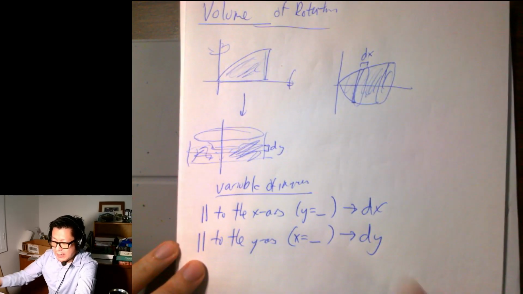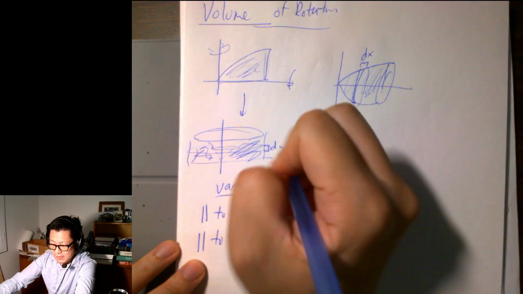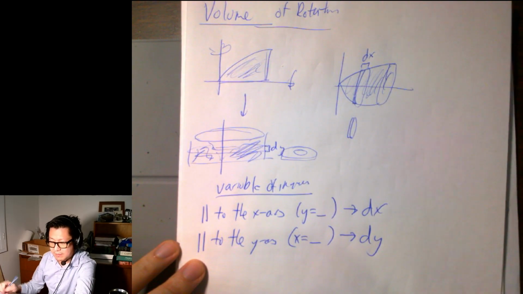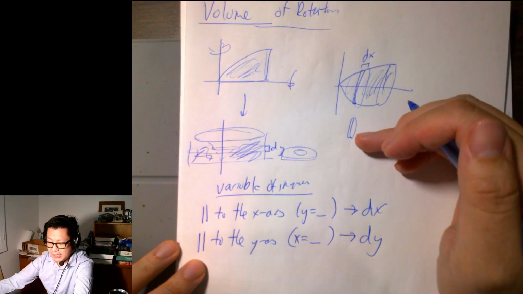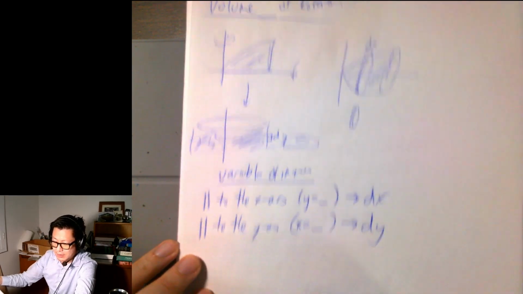Now notice that the slices here are solid disks, and the slices here are disks with holes in them, otherwise known as washers. So the methods we're going to use are the disk and washer method.